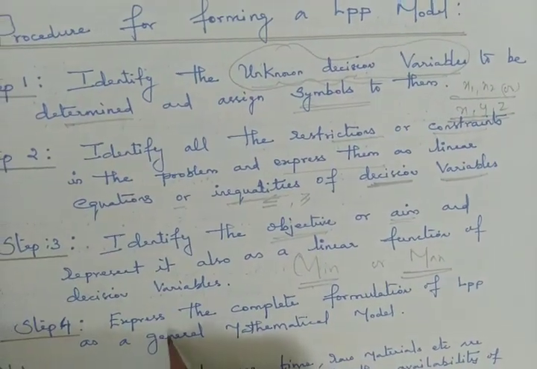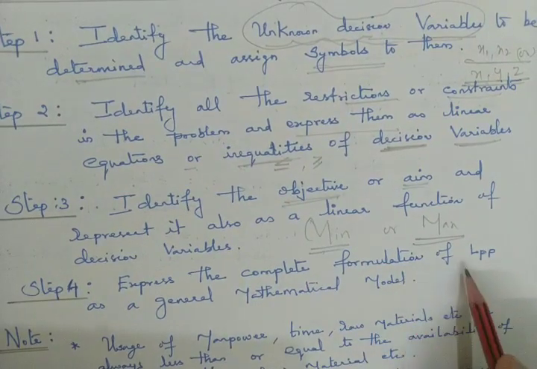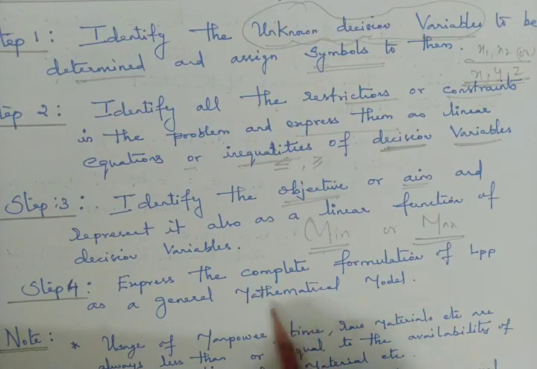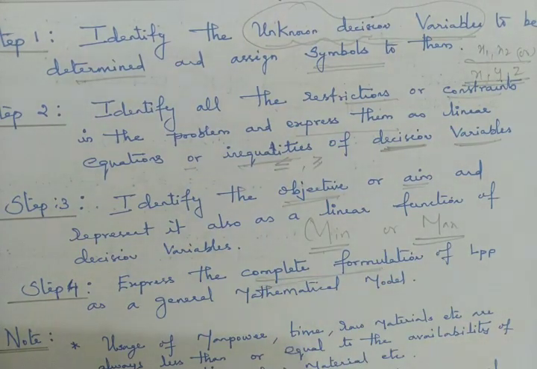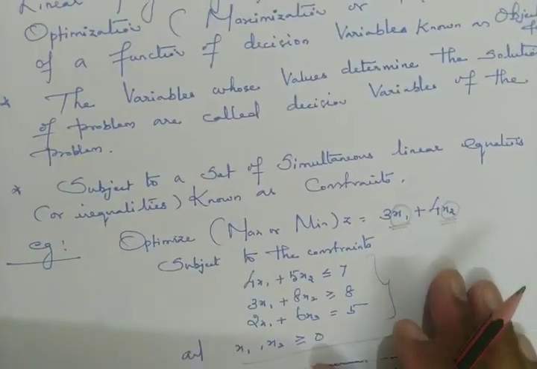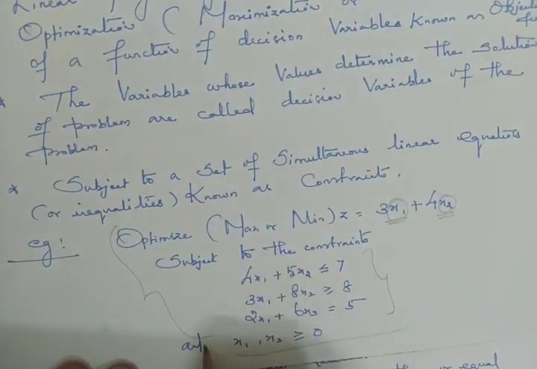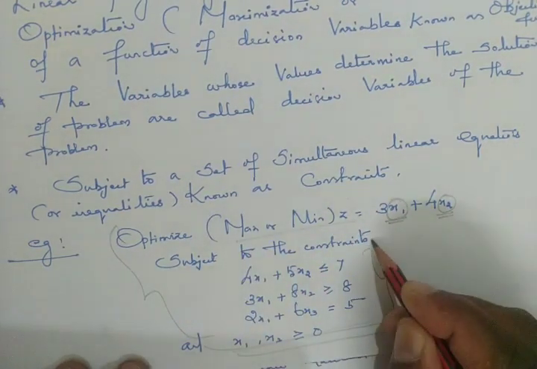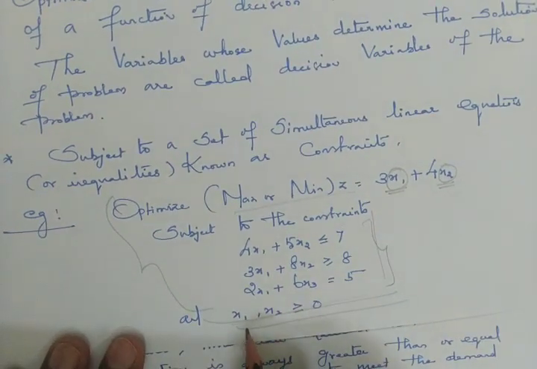Now step number 4, express the complete formulation of LPP as a general mathematical model. So what is complete formulation? Complete formulation means, as I explained on the first page, the objective function followed by the constraints, and finally you mention that the variables involved are non-negative.